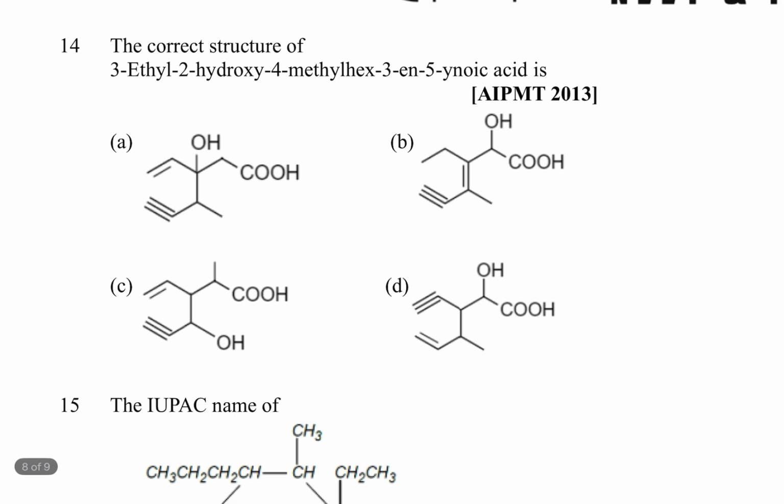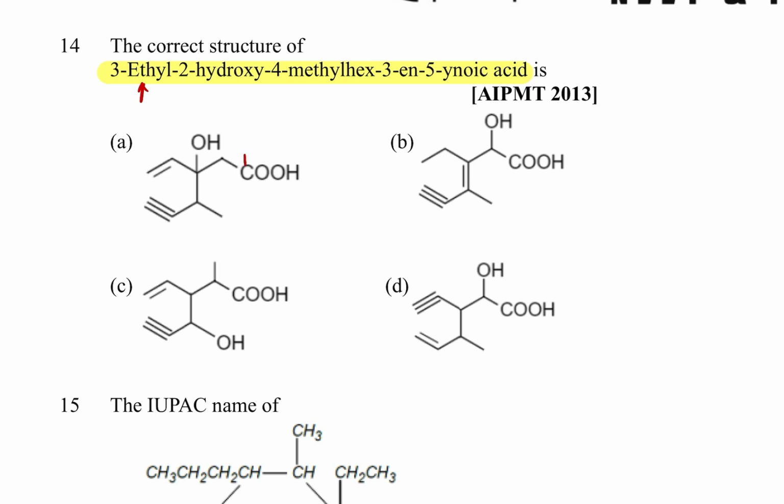Fine. Next, the correct structure of 3-ethyl-2-hydroxy-4-methylhex-3-en-5-ynoic acid. So this is a big name. Let's check with the options directly. At the third place, I have ethyl group. I have a functional group here.